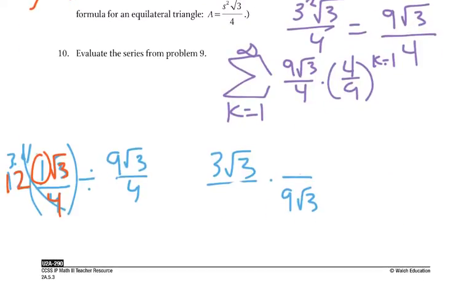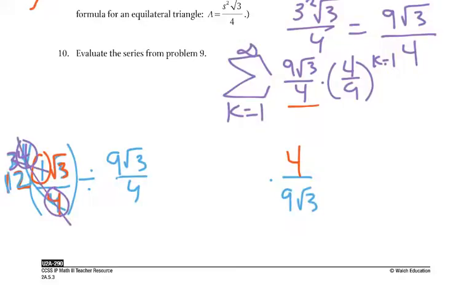The area we started out with is 9 square roots of 3 over 4. We can't divide fractions, so we multiply by the reciprocal. 12 can be split up to 3 times 4. 4 on the bottom, 4 on the top, 4's cancel out.